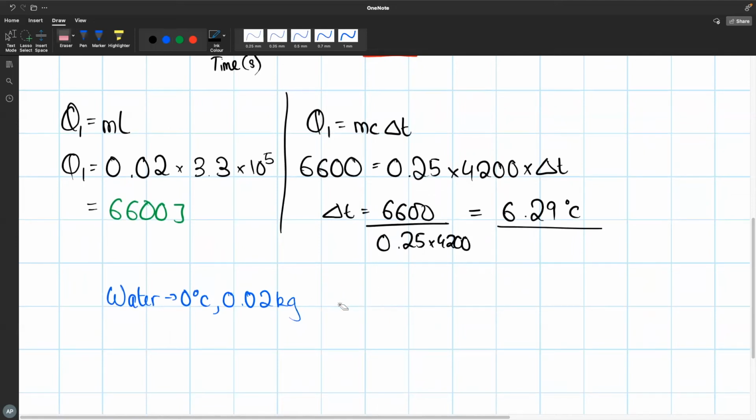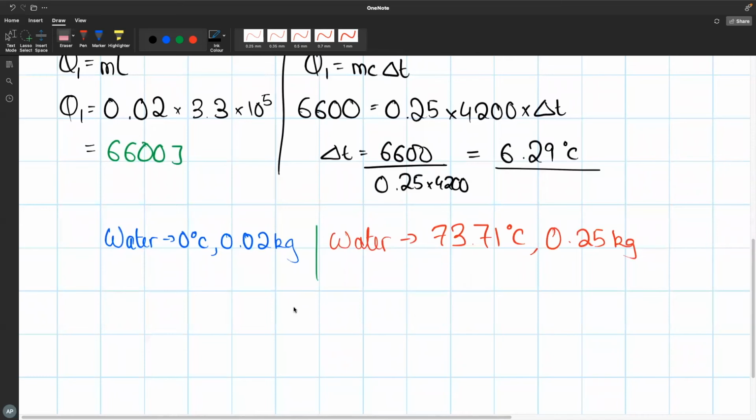And on the other hand, we have some more water. I'm going to use red for this. We have some more water which is warmer at 80 minus 6.29 degrees, which gives us 73.71 degrees Celsius, and that is of mass 0.25 kilograms.